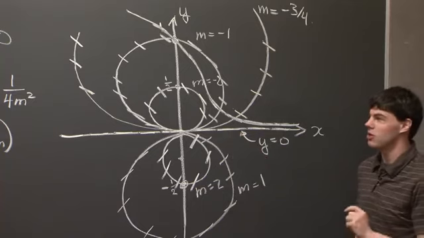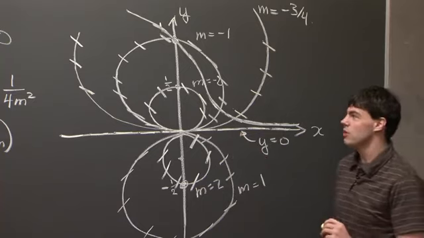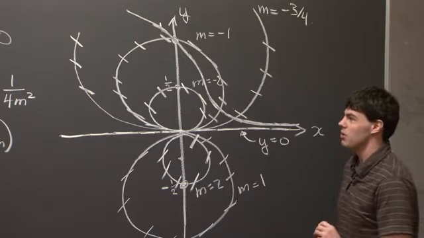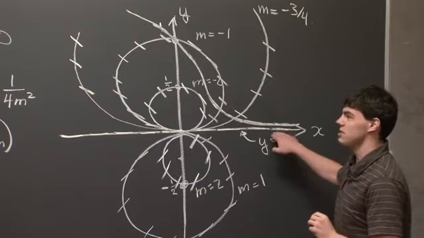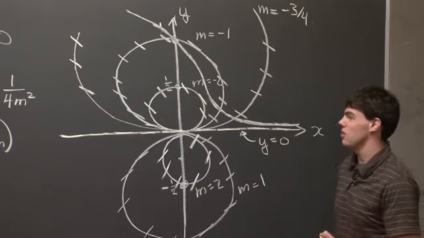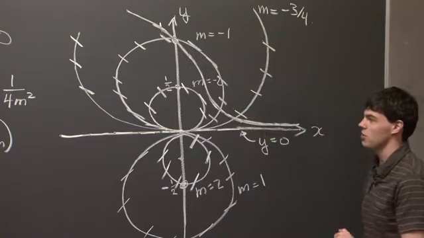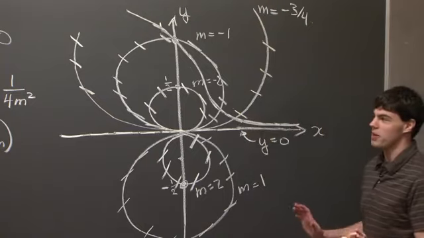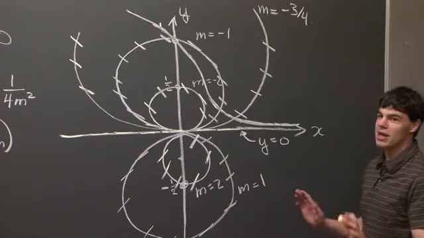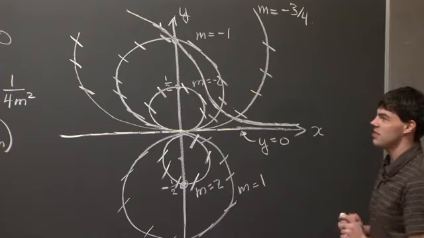Not only is it the nullcline, but it's actually a solution to the differential equation. So if we look back at the differential equation, we see that y is equal to 0 has 0 derivative, and the right-hand side of the differential equation is also 0. So this is not only a nullcline, but a solution to the differential equation. Note that this is extremely special. In no way does every nullcline have to be a solution to a differential equation, but in this case, we get lucky.